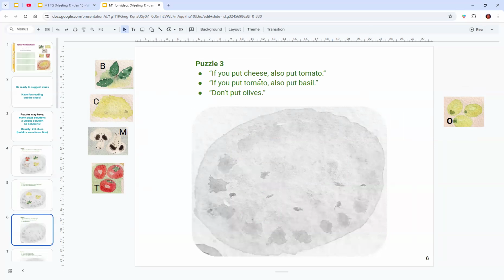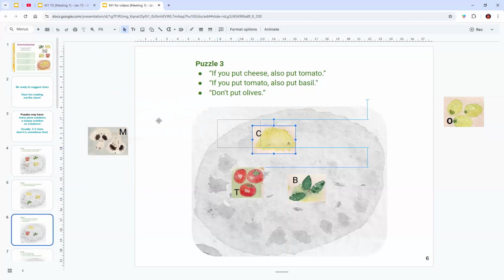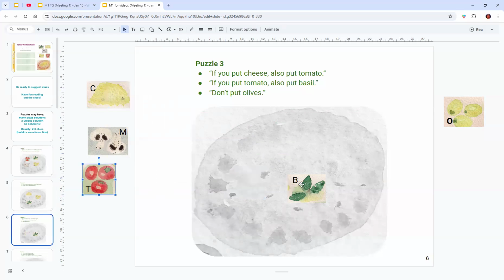If cheese, then tomato, and if tomato, then basil. So if we put cheese, we have to put tomato, and then also have to put basil. That's one solution, but it's not the only one. You could also have it like this, tomato and basil. But you could also have it like this, right? Put basil.